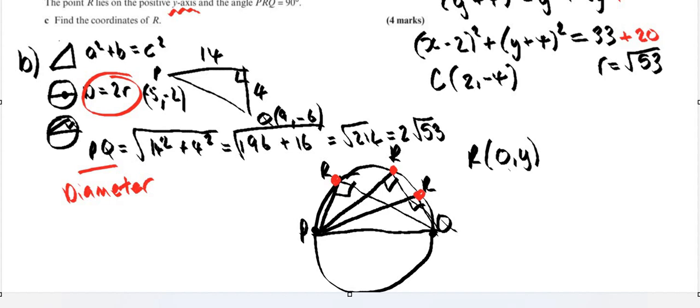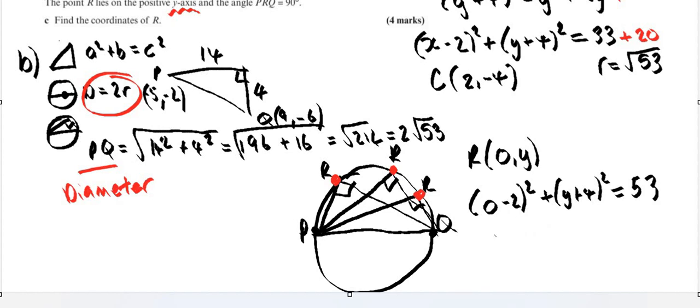So now I can go back to my circle equation and substitute in these values. So I've got x, which is 0, minus 2 squared, plus y plus 4 squared equals 53.